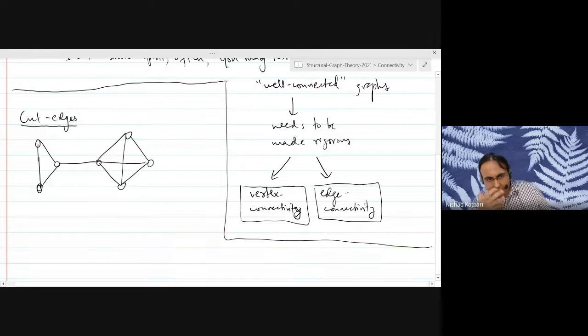This graph, well, it's clearly a connected graph. You can see that, right? But it doesn't have very good connectivity in some sense. In particular, there is this one edge. If you remove that, then the graph disconnects.